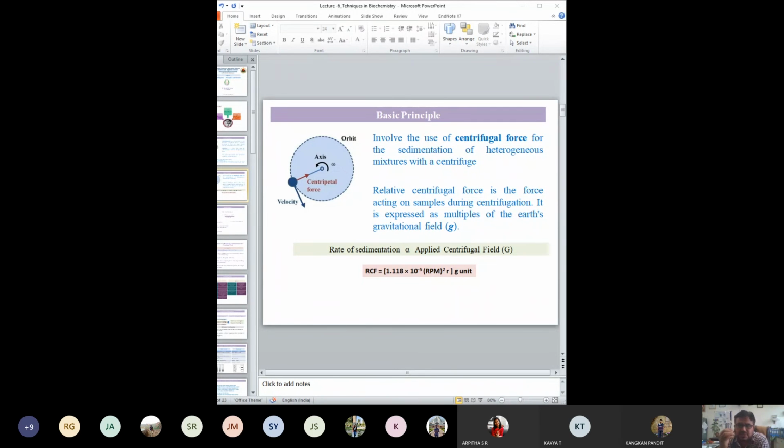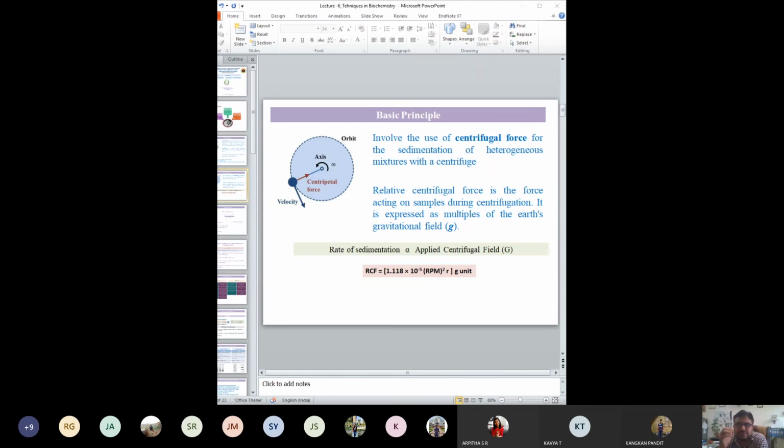There is another force which is exerted outward, out from the center. That is called centrifugal force. If you see the sentence I have written, it means centrifugation basically involves the use of centrifugal force for the sedimentation of a heterogeneous mixture with a centrifuge.